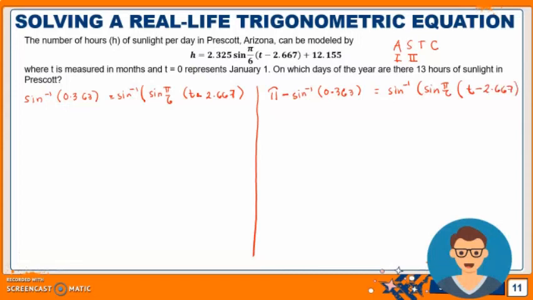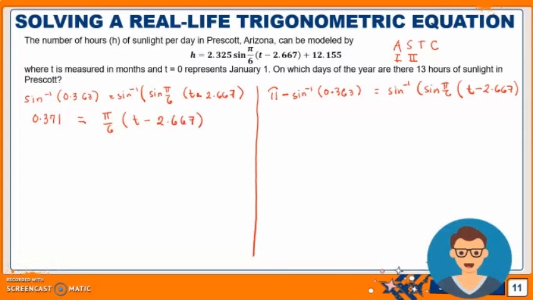Okay, let's solve first the left side. So this would become the inverse sine, shift sine. Again, please make sure that your calculator is in radian mode. So this is 0.371 = π/6 (t − 2.667).